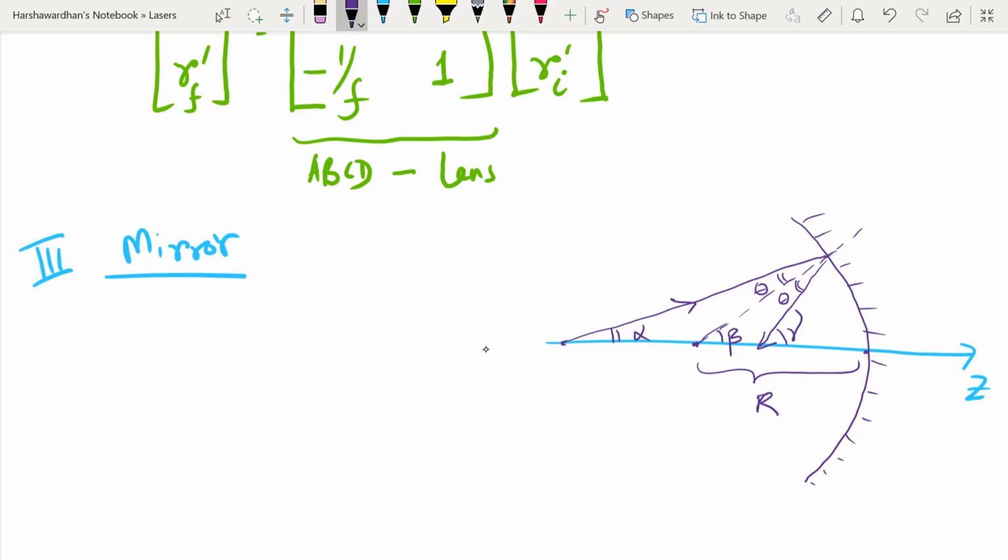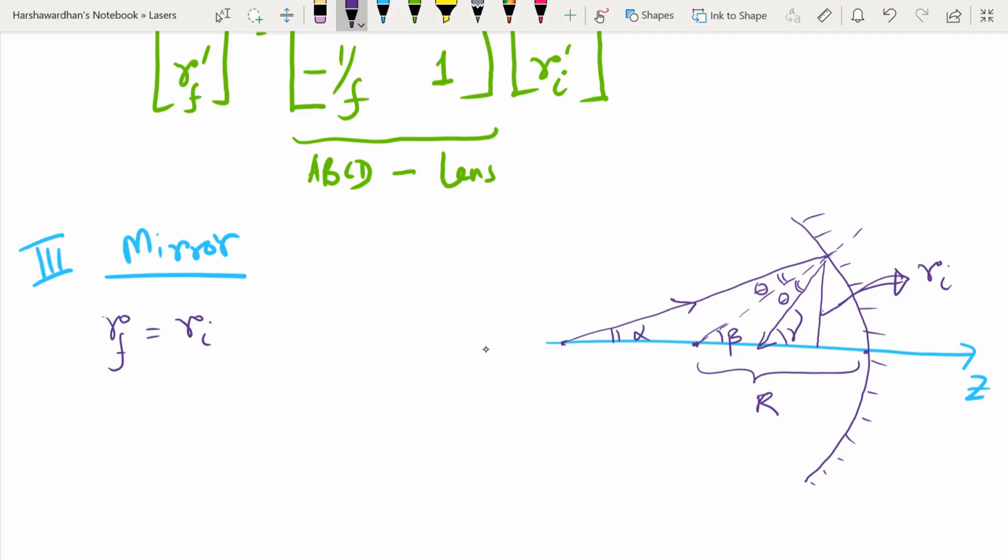So I can now rewrite the relationships for these. Now clearly this displacement is Ri. So across the mirror you see that Rf is same as Ri. Again, what the mirror does is to change the direction.